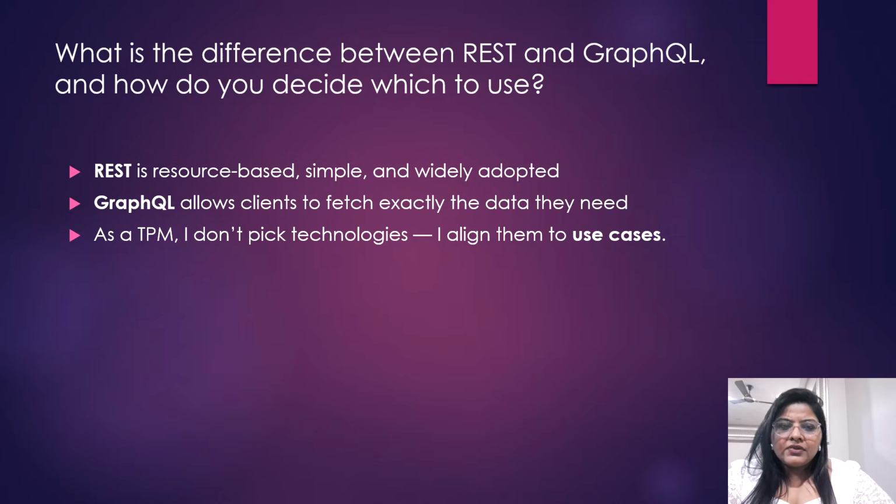As a TPM, my agenda is always to align the decision to the use case it is going to solve. For example, for internal microservices, REST works well due to its simplicity and caching, but for a front-end heavy application with frequent UI changes, GraphQL reduces over-fetching and improves performance.